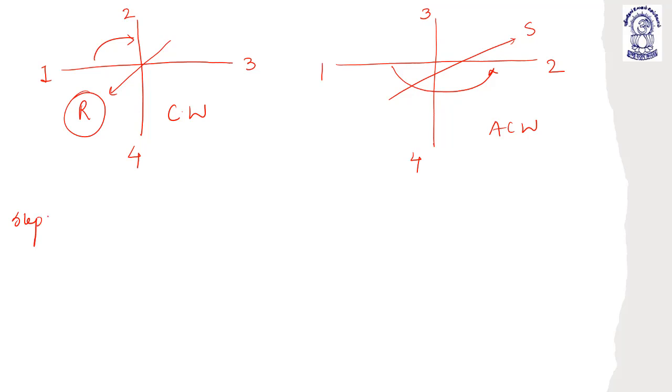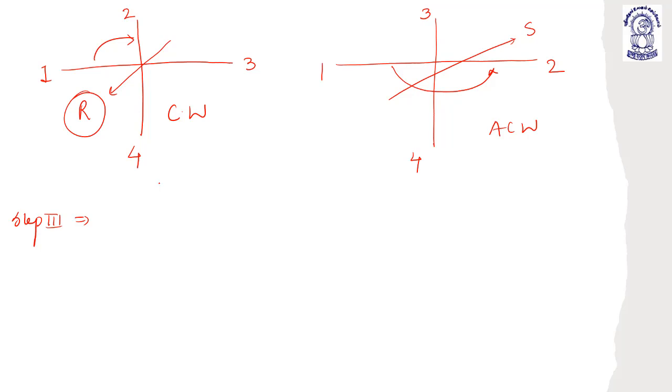Now step 3 says always take that the minimum priority group or atom should be present on the vertical line.